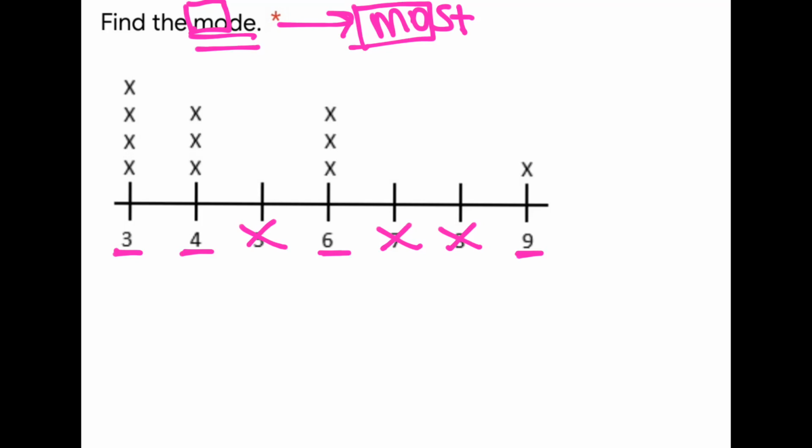That is how you read this plot chart. So which number has the most X's? That would be the mode of this plot diagram. Whichever number has the most X's is your mode.